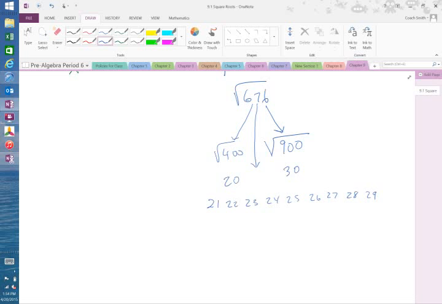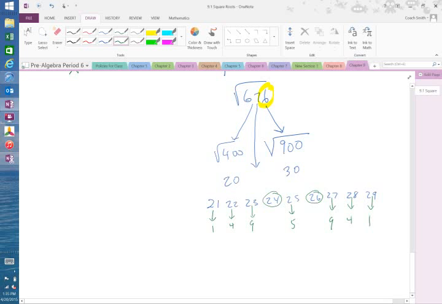Okay? Now, it ends in a 6. So the two numbers in between that are going to end in a 6 are 24 times 24 and 26 times 26. The reason I don't look at these is because that ends in a 1, that ends in a 4, that ends in a 9, that ends in a 5, that ends in a 9, that ends in a 4, that ends in a 1.